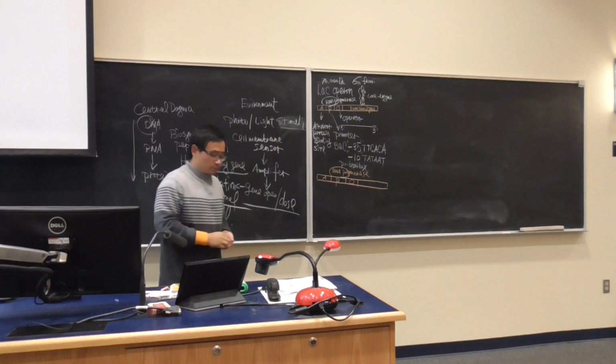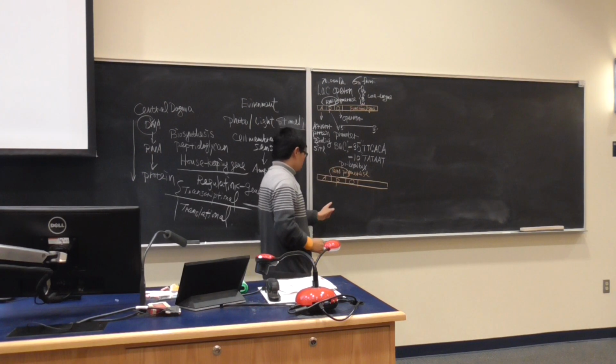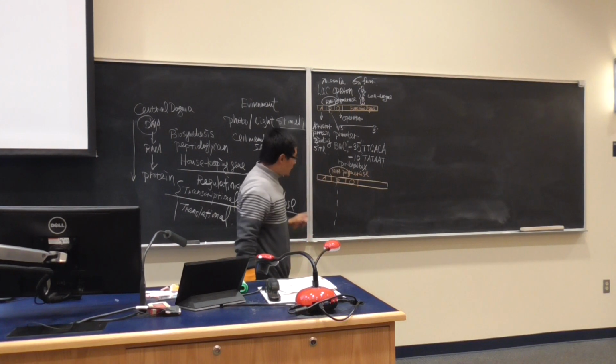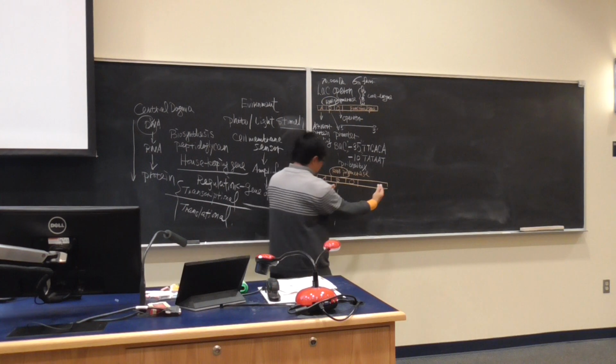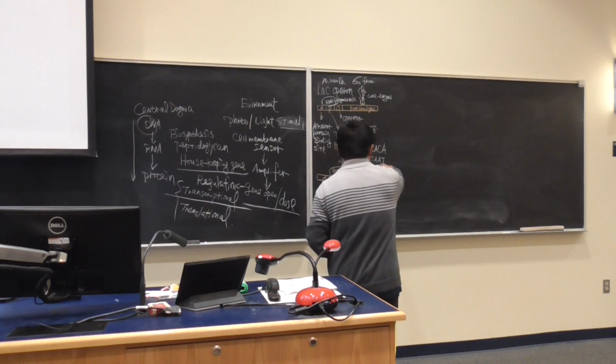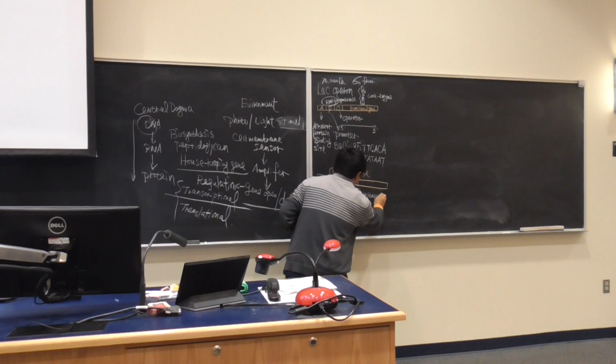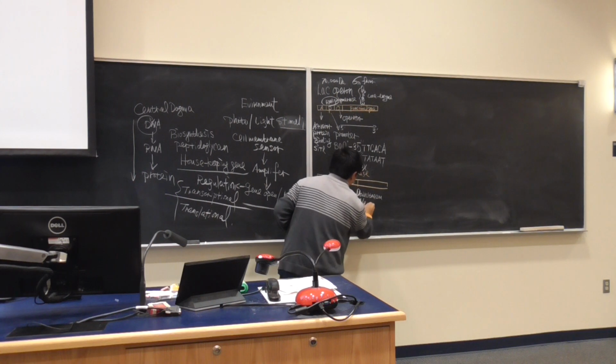Now, we can say it very simply: right here, we cut in the middle. Anything that happens on the right side, facing the blackboard, which we call downstream, this is negative control.